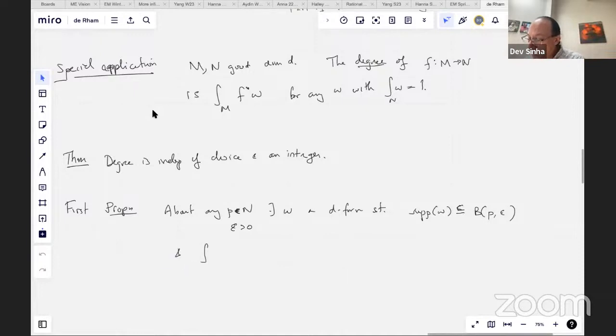The integral over N of omega is going to be the integral over this ball of omega, and that's, we're going to call it 1.